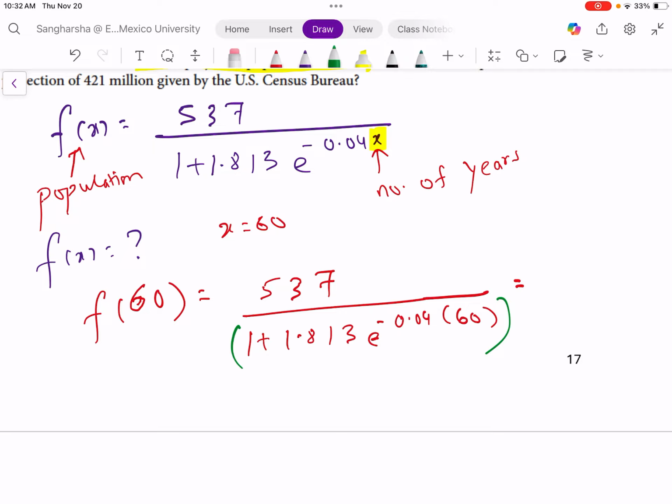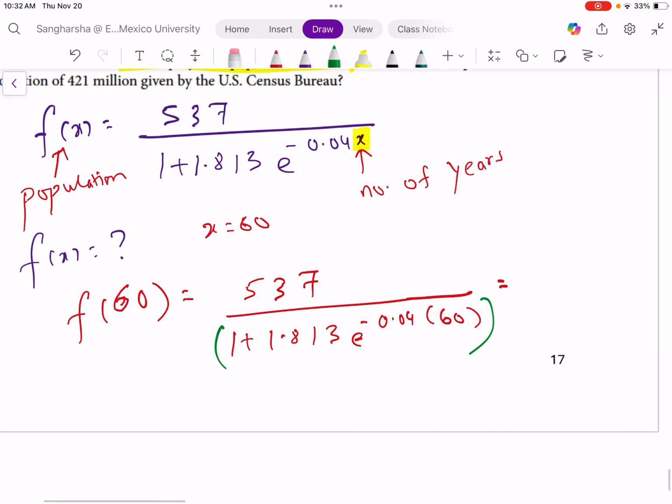Make sure to have parentheses for your denominator. If you have more than one term or a negative term, always use parentheses. Do we also put f of 60? No, do not put f of 60. That is just a representation of everything on the right.